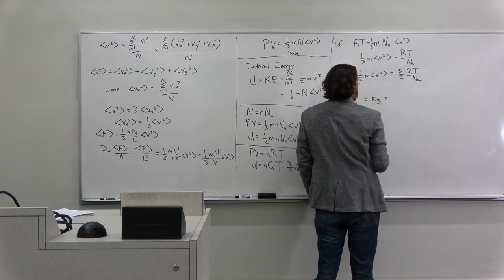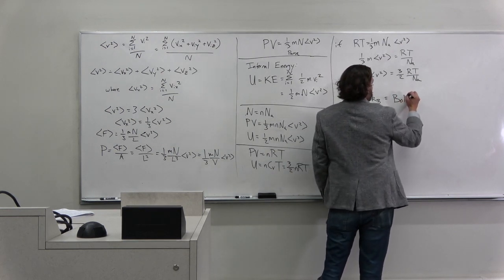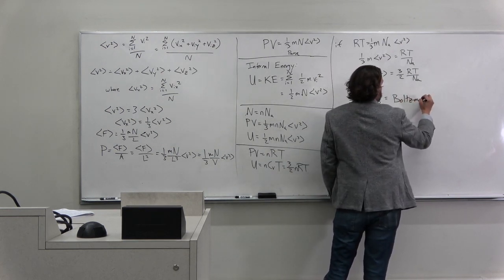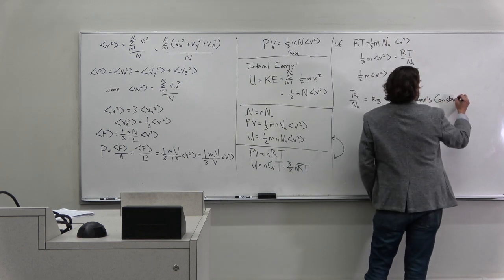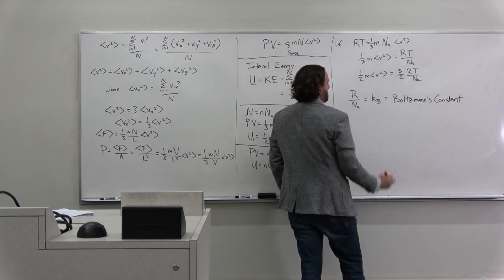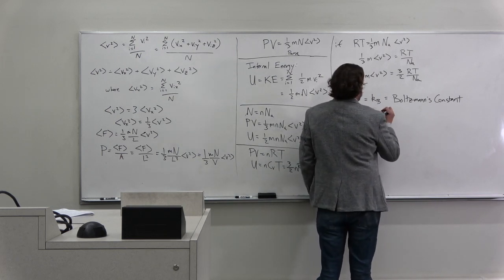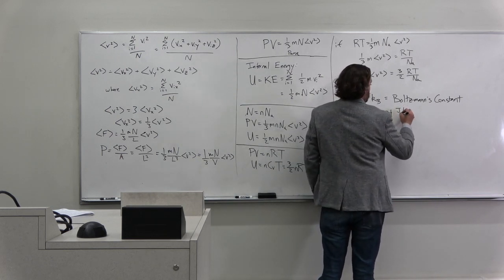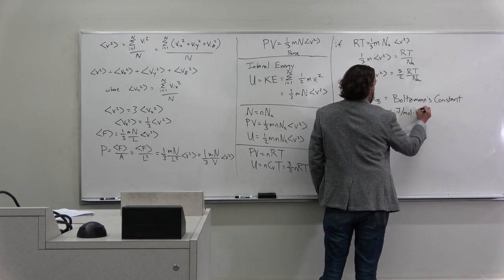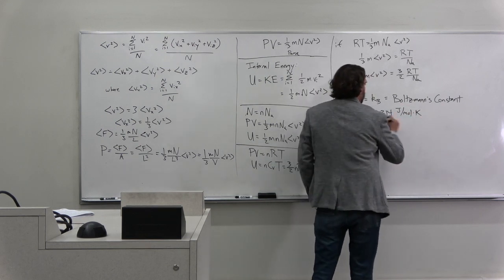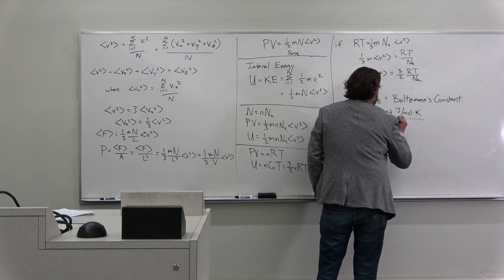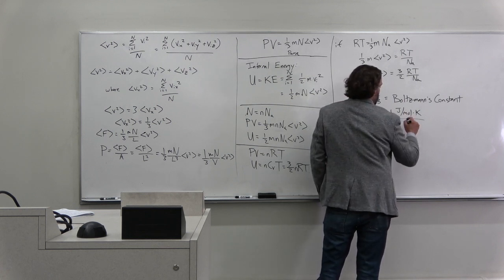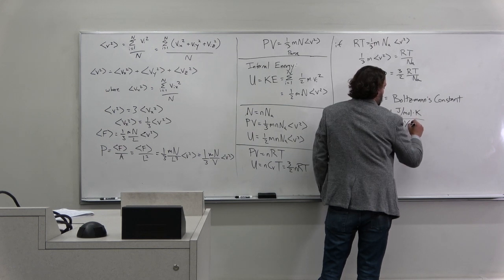So kB is called Boltzmann's constant and is 8.314 joules per mole K divided by 6.02 times 10 to the 23rd atoms per mole.